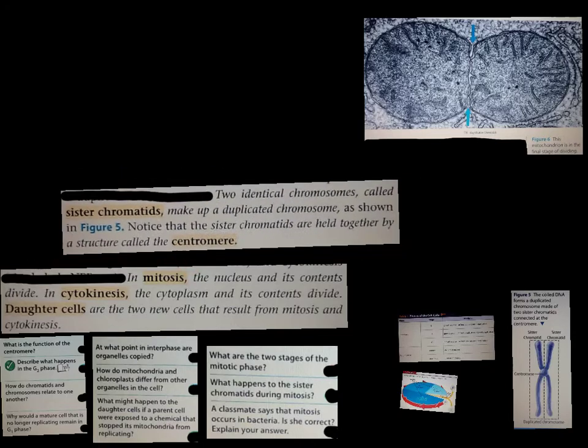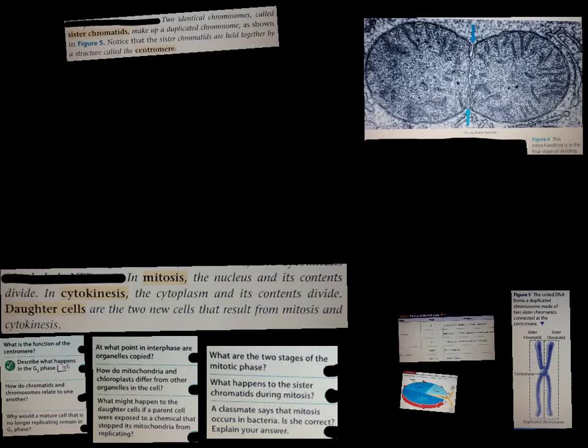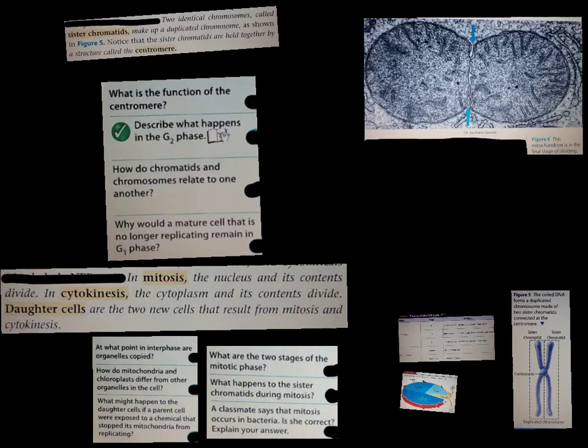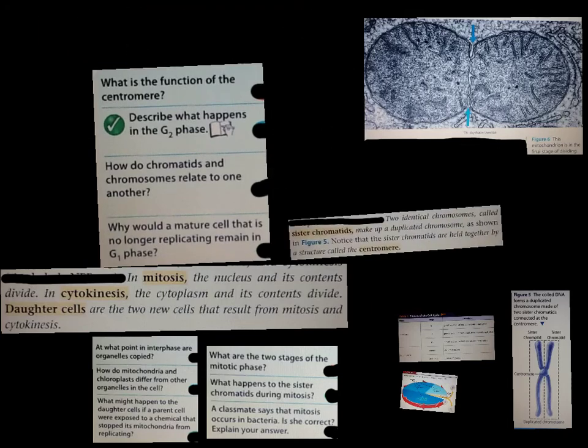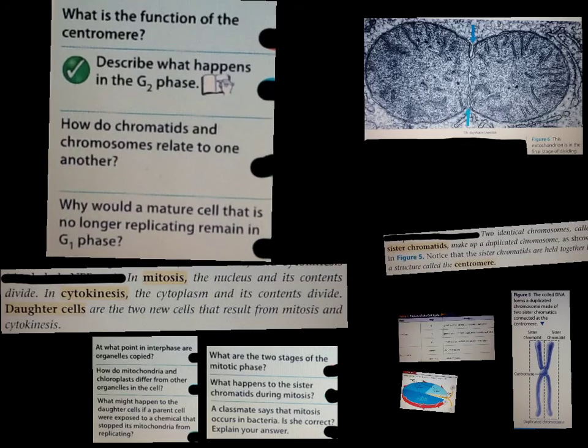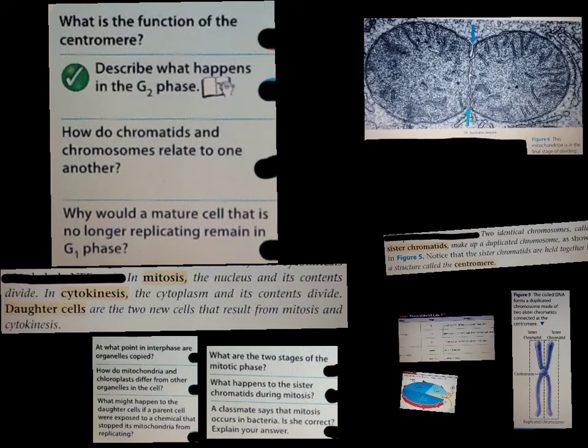All right, I'm bringing up our questions that I want you to take a look at. You are to pick two of the four questions to answer, and write them in your science journal. Question 1, what is the function of the centromere?